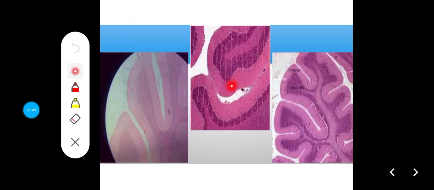This is the outer molecular layer, which doesn't take up stain because it has few nuclei. Then this single layer is the layer of Purkinje cells. And now this deep staining area is the granular layer, which contains small ganglionic cells.